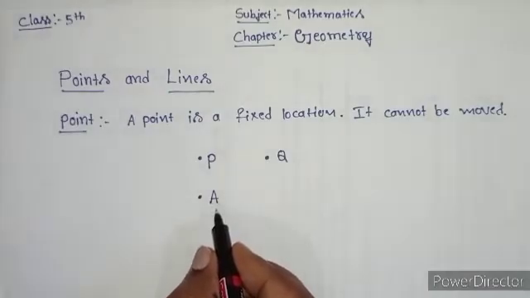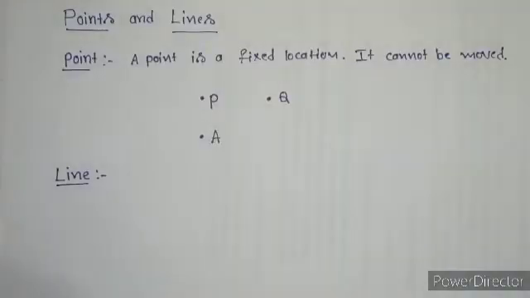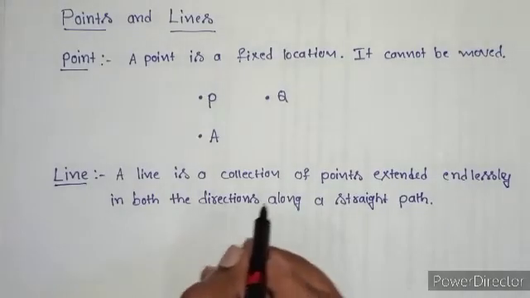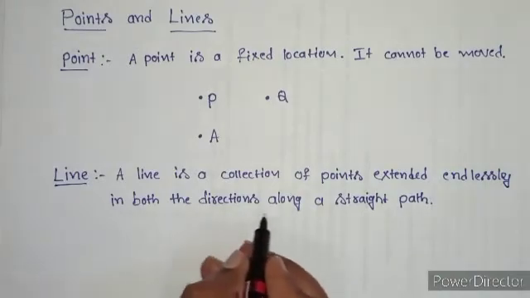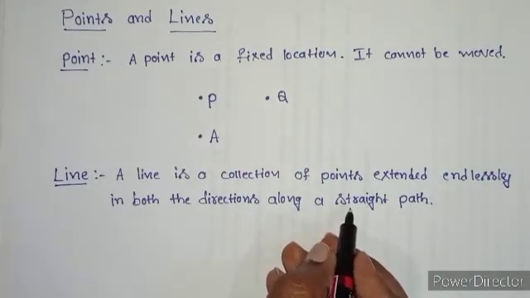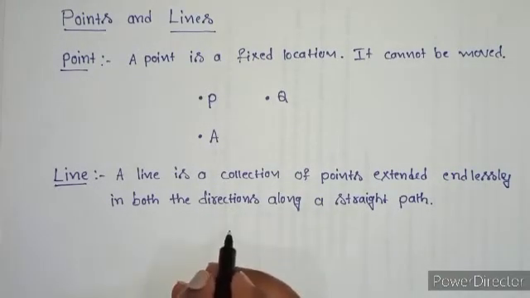Students, next we are going to know the line. A line is a collection of points extended endlessly in both directions along a straight path. A line has no beginning and no end. It has no end points.